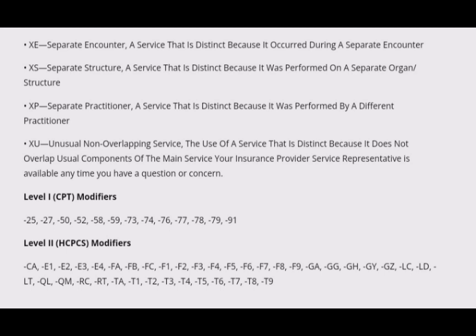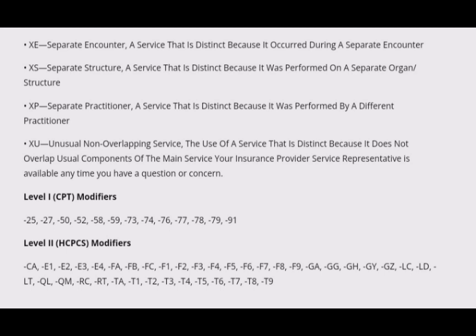Level 1 CPT modifiers: -25, -27, -50, -52, -58, -59, -73, -74, -76, -77, -78, -79, -91.